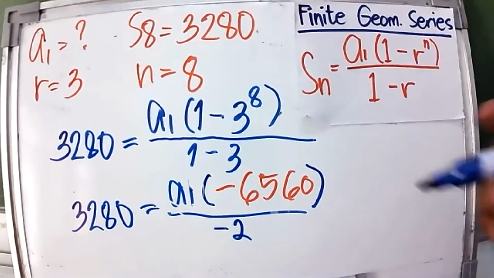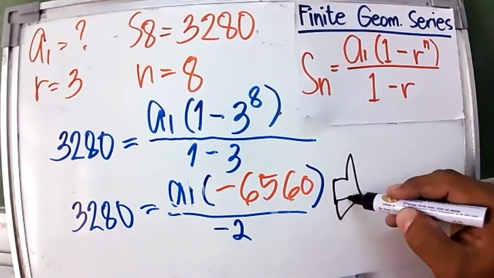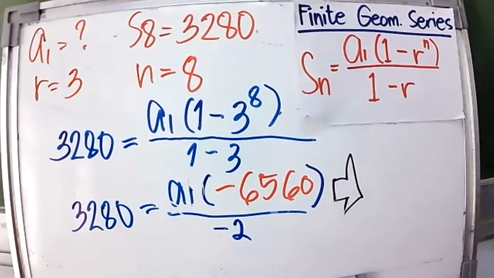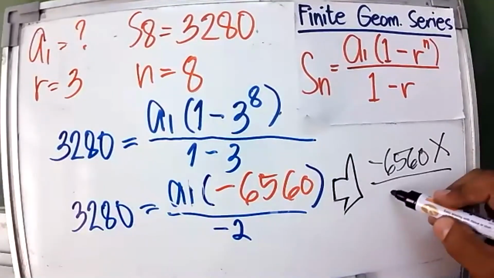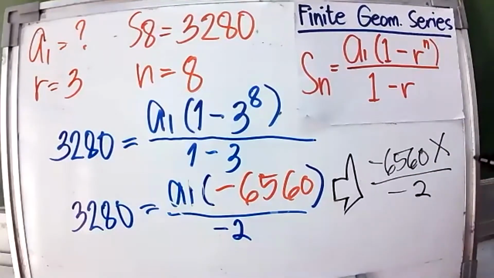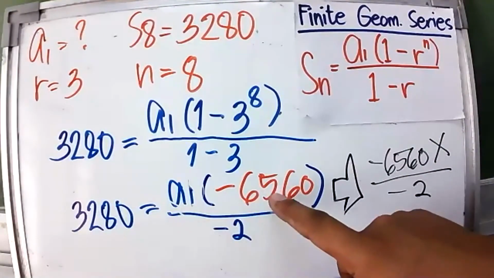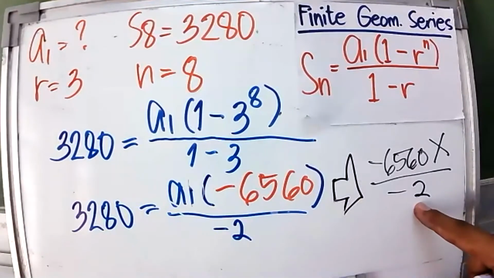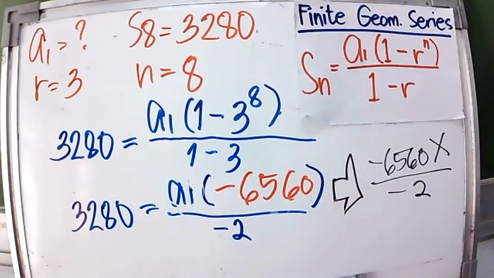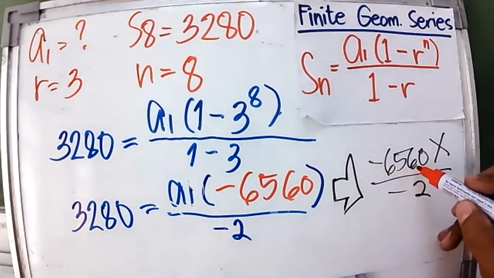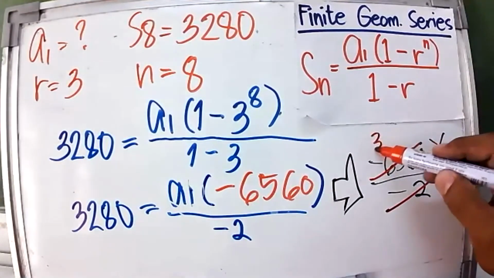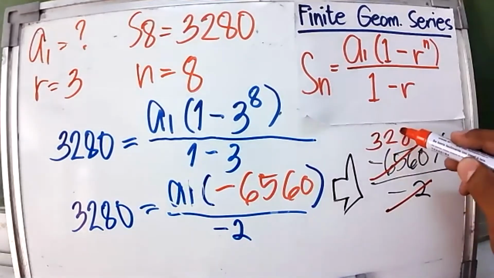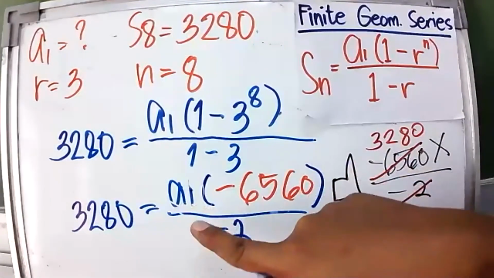For example, if we will try to write this, it will be like negative 6,560x over negative 2. If we will try to simplify the form, that is your variable, that's your coefficient, and that is your denominator. And so from here, we can simplify it. Negative 6,560 divided by negative 2, the answer is 3,280x. In this case, that's A sub 1.